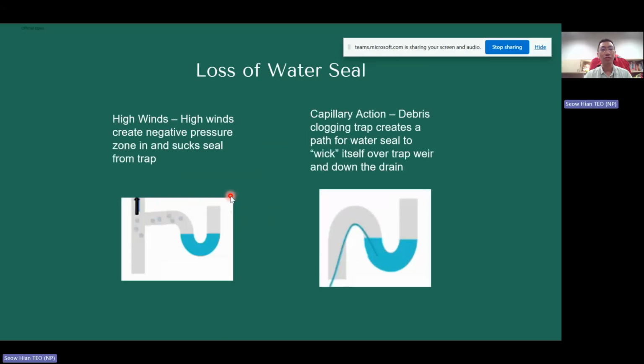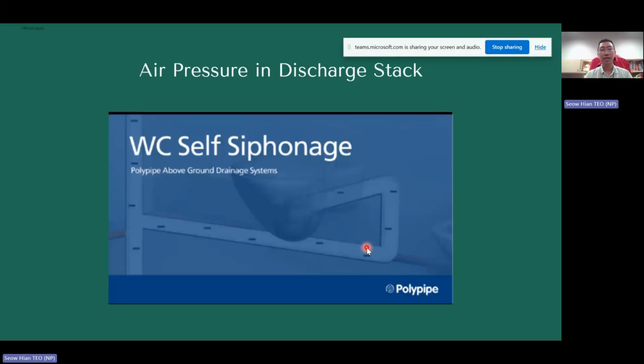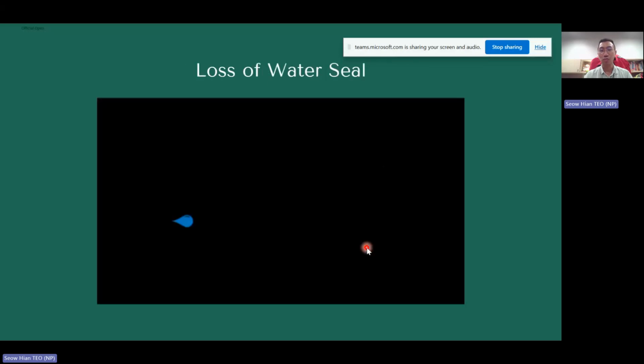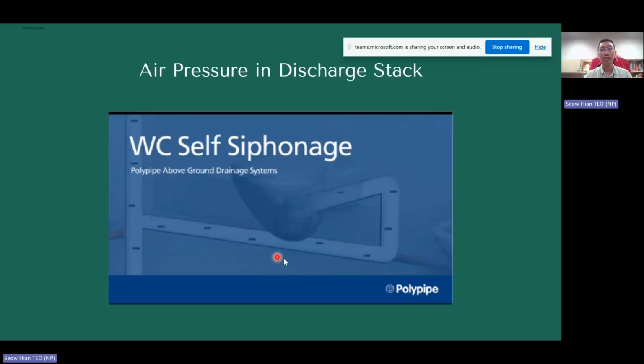Then high winds create negative pressure and suck water from the trap. And capillary action, where there's debris or clogs inside, will also cause some loss. So you can see the loss of water in the trap, water goes in, and then there's the form of a trap by itself.